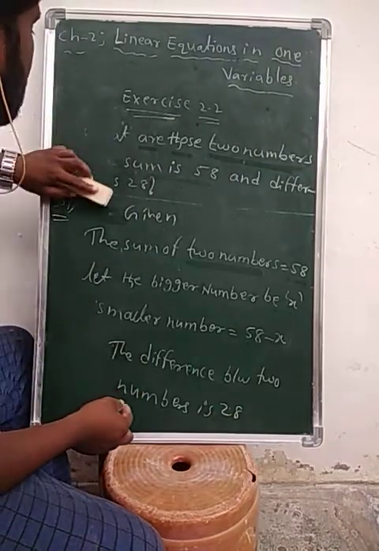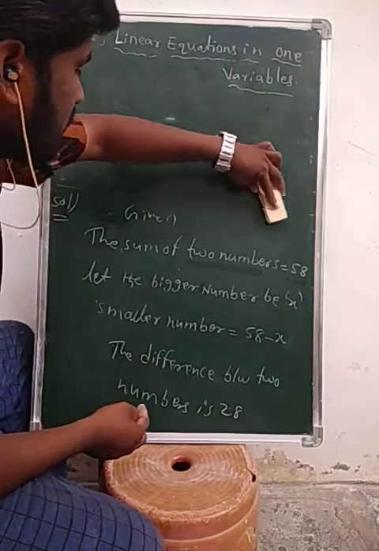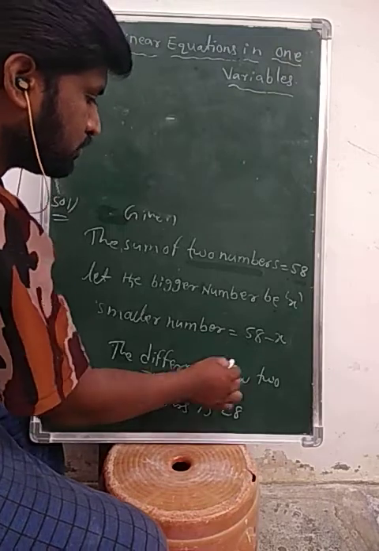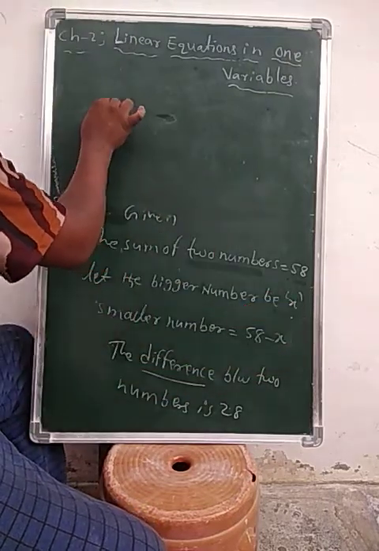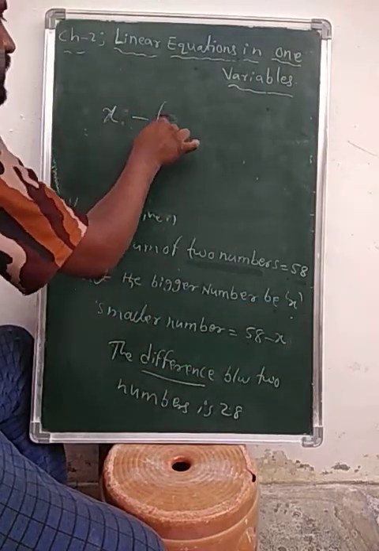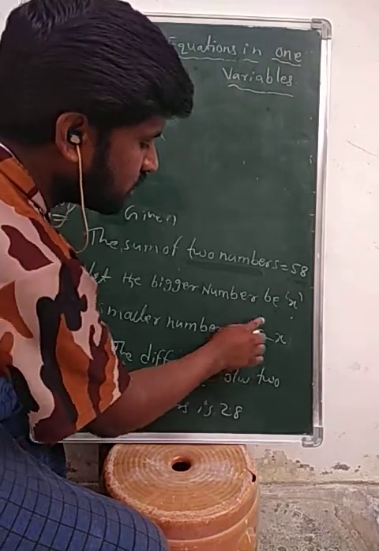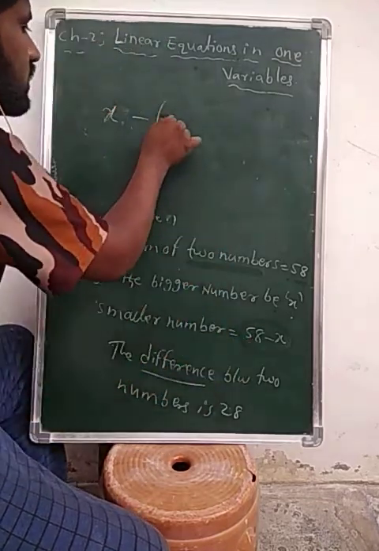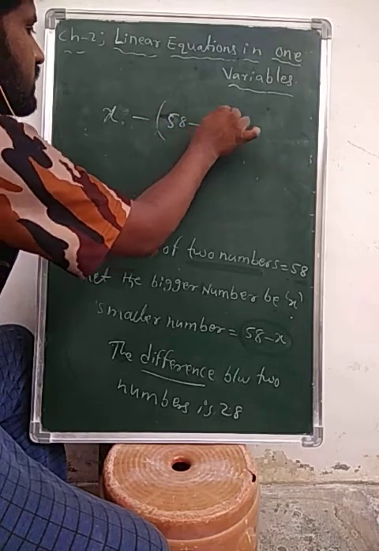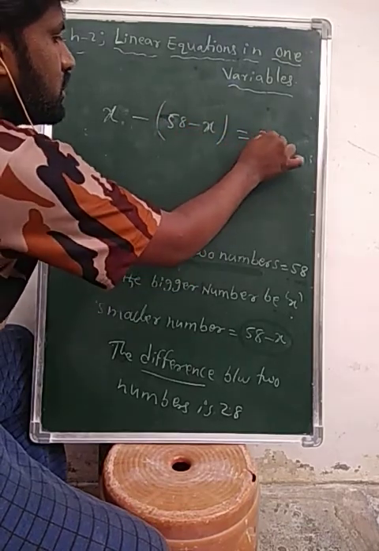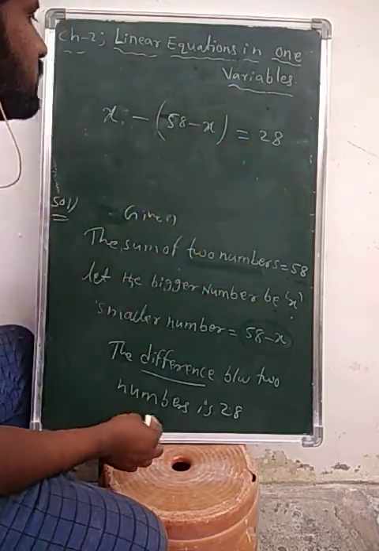Okay, now see, their difference: bigger number is x, difference means minus. What is the smaller number? The smaller number is 58 minus x, is equal to 28.